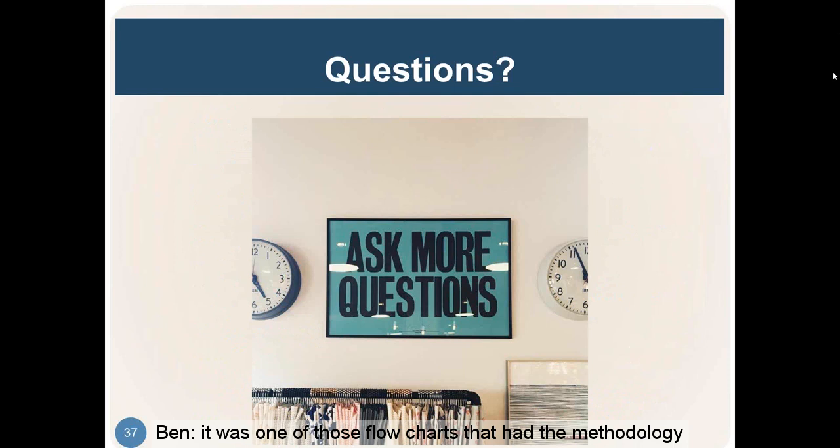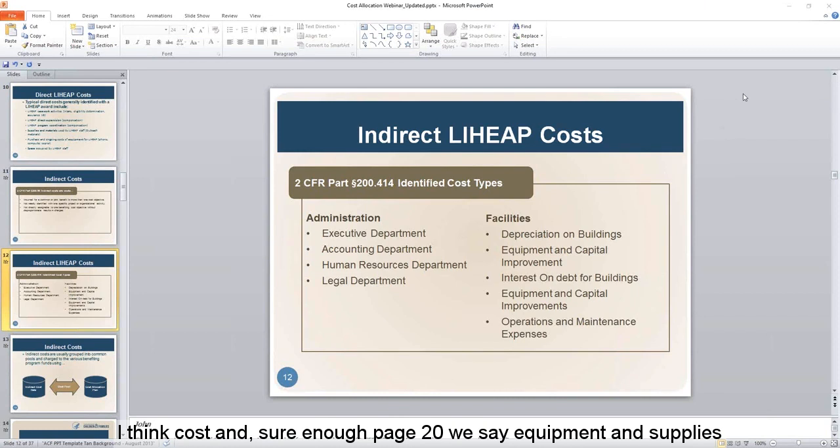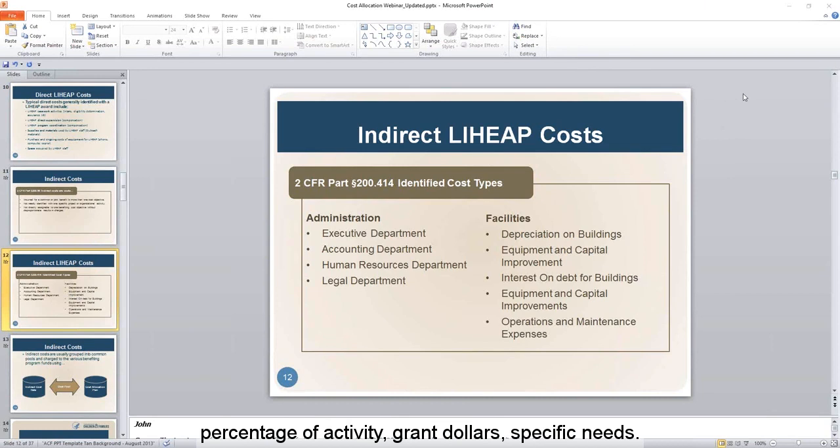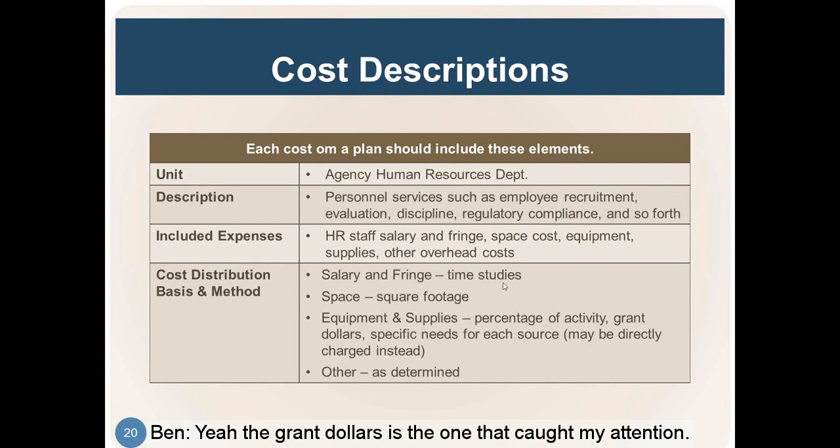It was one of those flow charts that had the methodology on the right side. Right there. Sure enough, page 20, we say equipment and supplies: percentage of activity, grant dollars, specific need. All right, so we have that in there. Yeah, the grant dollars is the one that caught my attention.